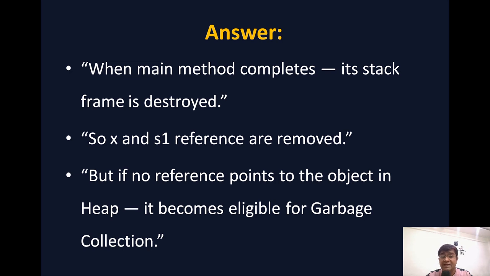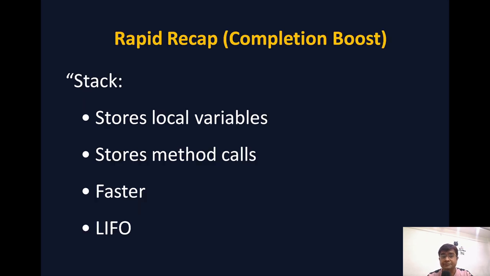But if no reference points to the object in the heap, it becomes eligible for garbage collection. You have removed the reference, so nobody is pointing to the heap object. That means it is eligible for garbage collection, and the garbage collector will remove that object.